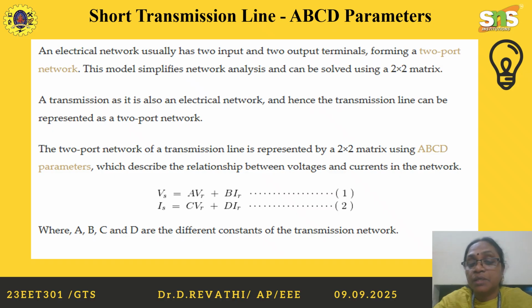See equations 1 and 2. Vs is equal to A VR plus B IR, and Is is equal to C VR plus D IR. We know that VR is the receiving voltage and IR is the receiving current. So we just have to replace the other parameters with the values of ABCD. That's why it's called the ABCD parameter.